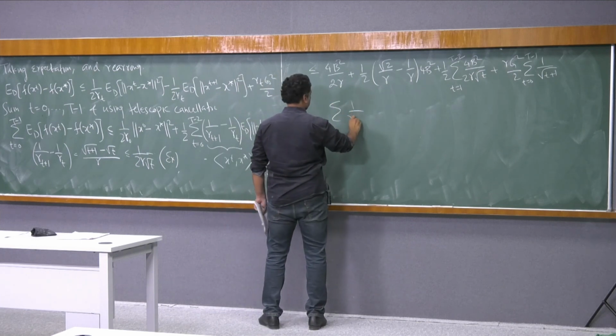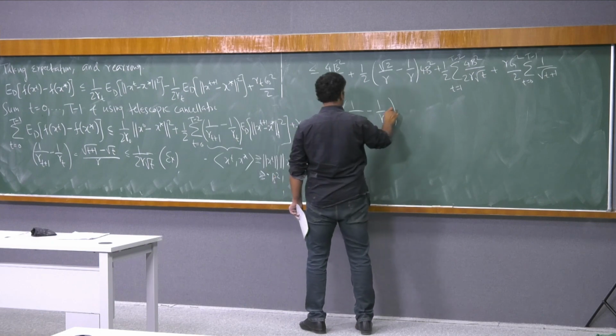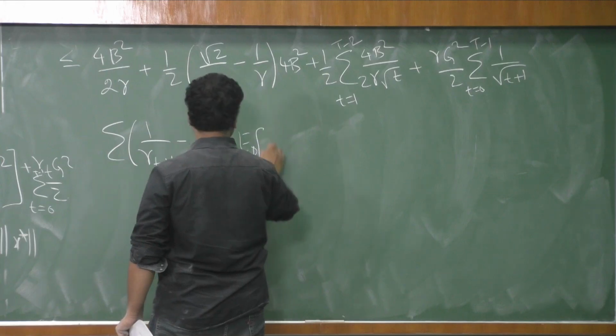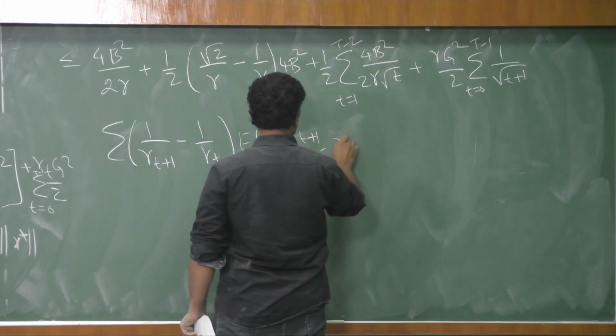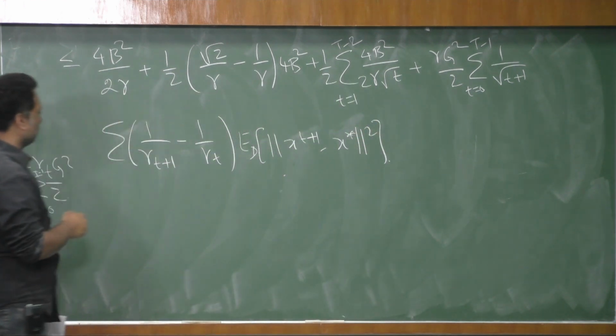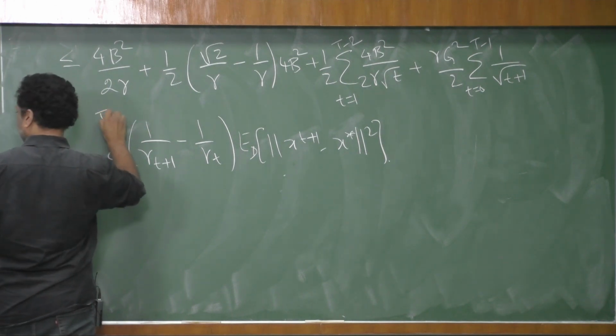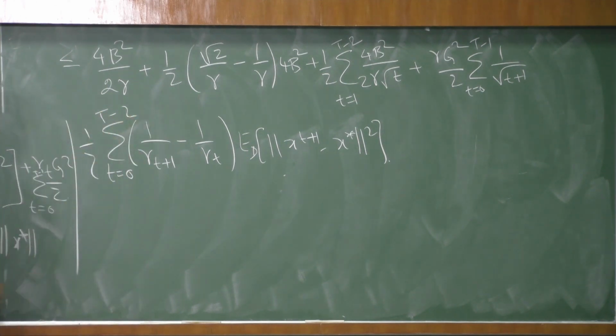So 1 by gamma t plus 1 minus 1 by gamma t, and the norm of xt plus 1 minus x star. And this we know is less than or equal to 4b squared. And this guy we know is less than or equal to 1 by 2 gamma square root of t, for t equals 0 to T minus 2. Let us also put the half here.